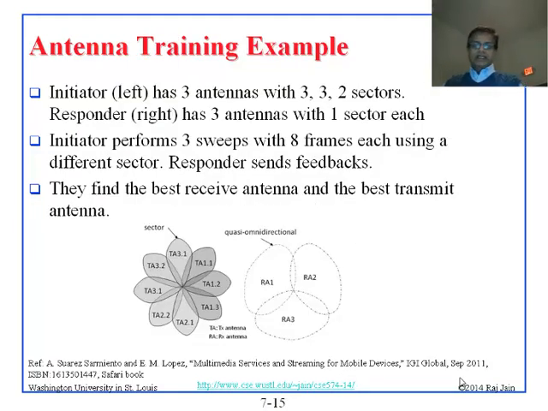So antenna training example, this is actually just a slightly different example than before. In this case, the left side has 3 antennas, and the first antenna has 3 sectors, the second antenna has 3 sectors, the third antenna has 2 sectors. So total 8 sectors. You see, it is possible to have 3 antennas and 8 sectors.